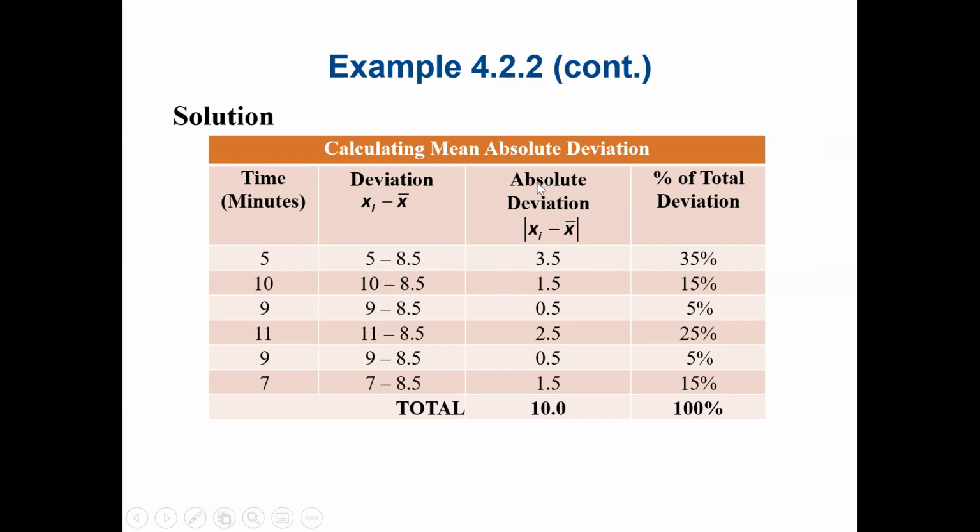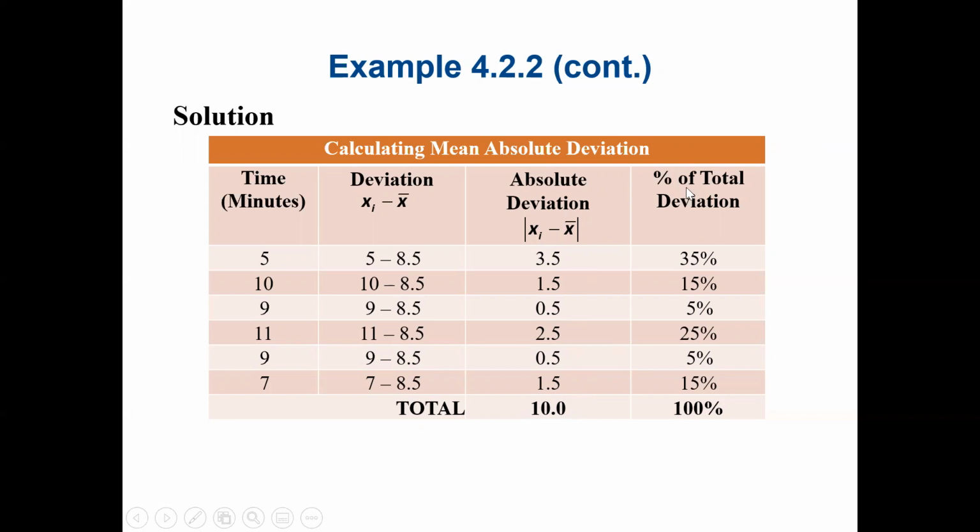But again, here we are looking for the absolute deviation. So the differences of all these values will be positive. Then we add all the values together. If we remember, the formula is the sum of the absolute difference between each value and the mean of the data set. So when we add all together, we get 10.0.